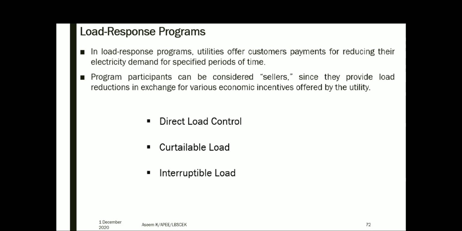Load response programs can take a number of different forms depending upon the program objectives, targeted customers and design components, as listed here: direct load control, curtailable load, interruptible load, etc.